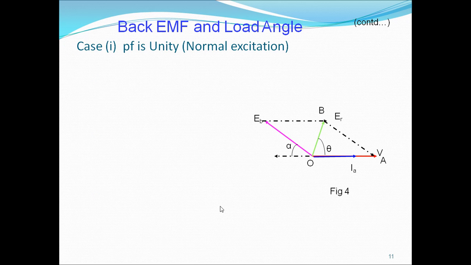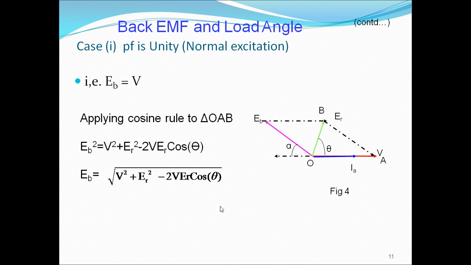Next one is normal excitation. Just now we noted under excitation and over excitation. When it is normal excitation, the power factor is unity, where EB is equal to V. So if you take the triangle OAB, then EB is equal to square root of V square plus ER square minus 2VER cos theta.